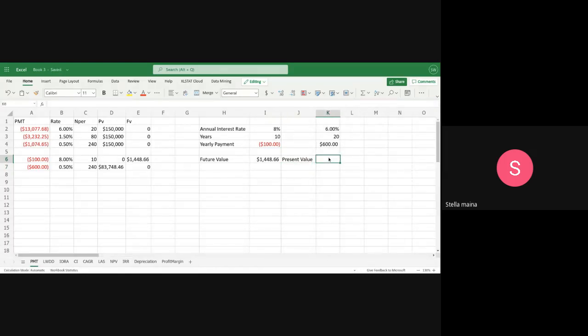Of course now it's going to be equals PV in this case. You can see it returns the present value of an investment, the total amount that a series of future payments is worth now.